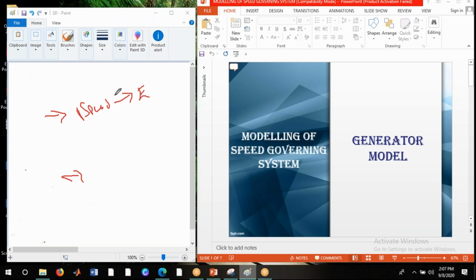By using the feedback, it means how much electrical power is generated by the generator, and it is given as feedback in terms of frequency. This frequency is given as a feedback signal to the governing model, and based on these frequency changes, the valve should open. That is what happens in every power plant. Now we'll see that one by one.